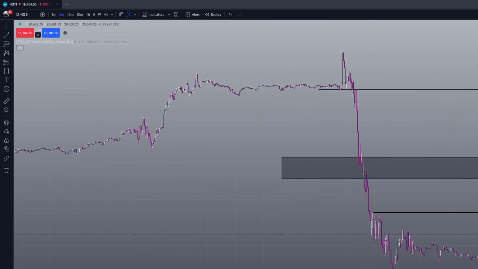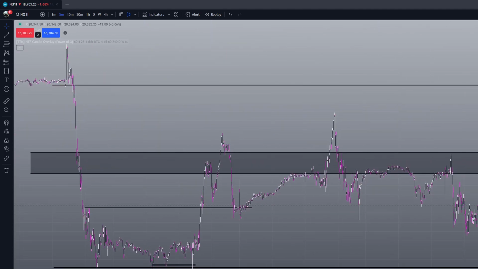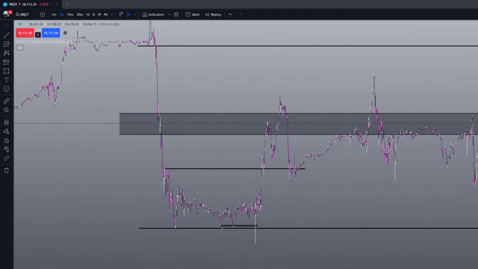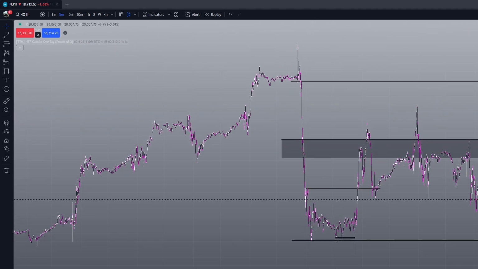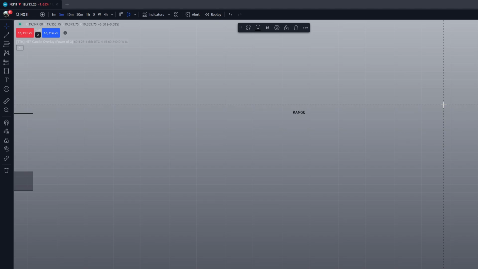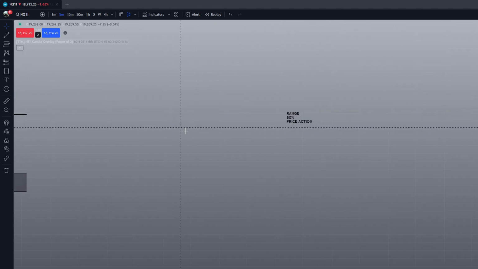So this is the main strategy I've been using for a cool bit now, and it's been working out great. So the 3 important things, right, if you were to write them out, is range first, 50%, and price action. Those are the 3 main things you want to use.